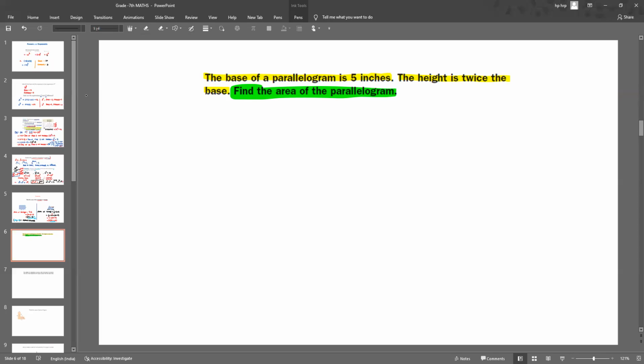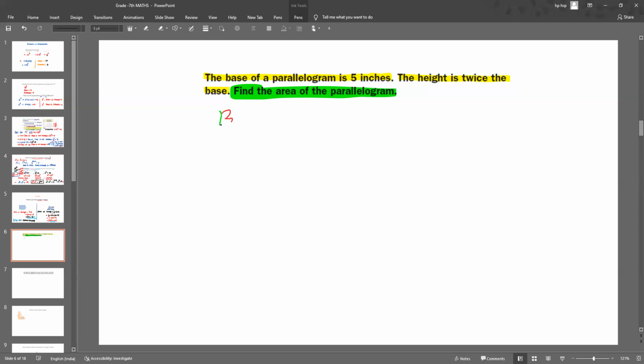So here base is given and height is also given. So how can we find the area of this parallelogram? The area of the parallelogram, you would do 5 times 2, and 5 times 2 is 10. Yes. So you would do 5 times 10, and that would be 50.